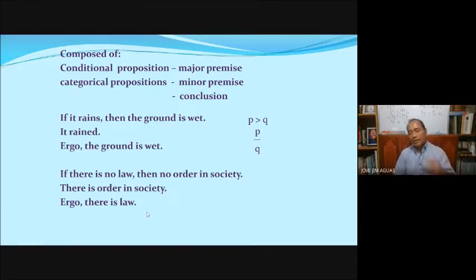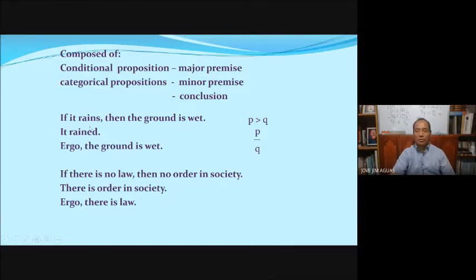Now, when you have a syllogism like this, part of analyzing and checking whether the argument is valid or invalid is drawing the schema. The schema, as we've said, is the pattern of the syllogism. So this is how we draw the pattern here on this side. P stands for it rains. This is the antecedent.